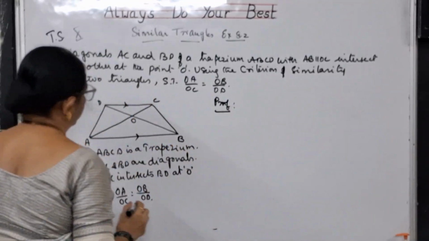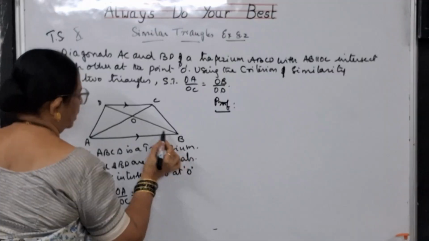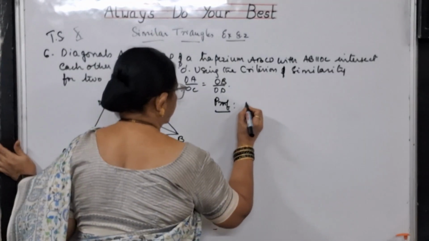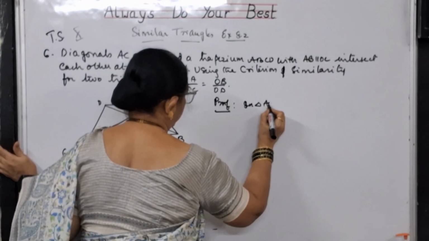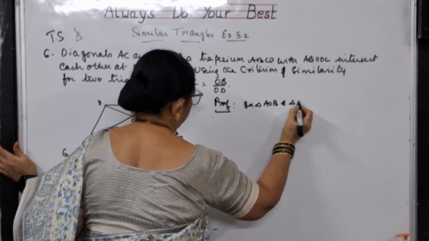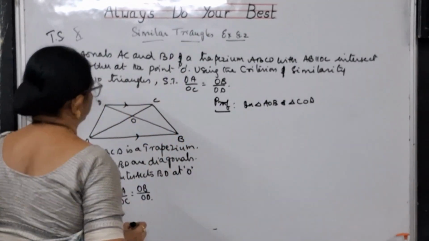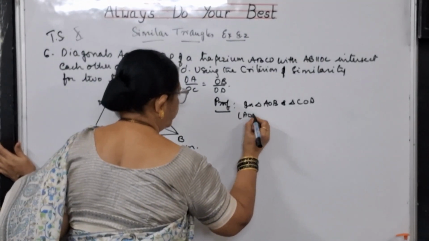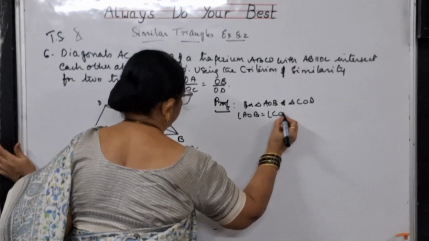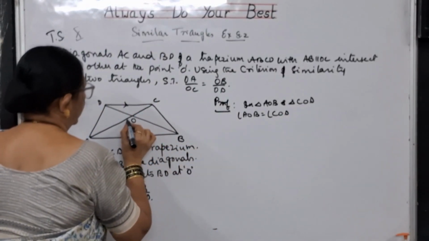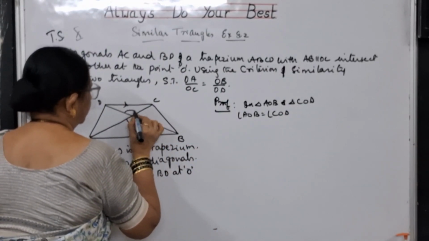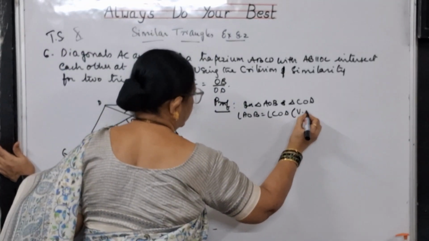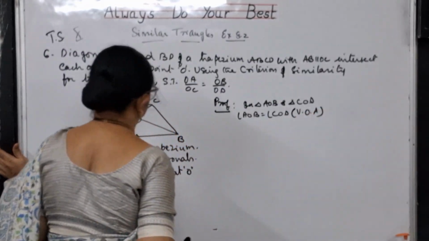For this proof, let us take two triangles, triangle AOB and triangle COD. In triangle AOB and triangle COD, angle AOB is equal to angle COD. Why? They are vertically opposite angles.